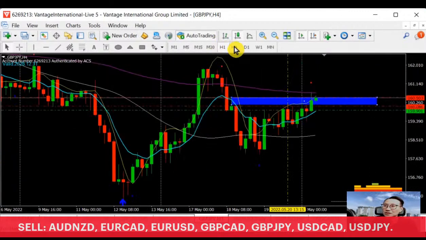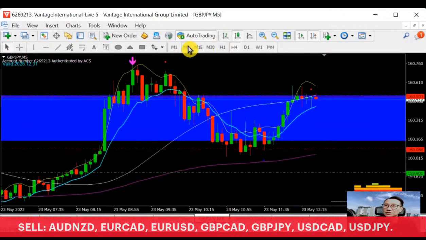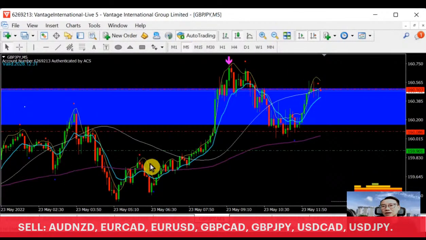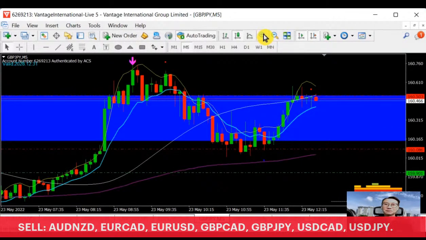It's still on the verge of retesting. You see it went up, came down again, retesting the resistance once again. Just hang on, please wait.